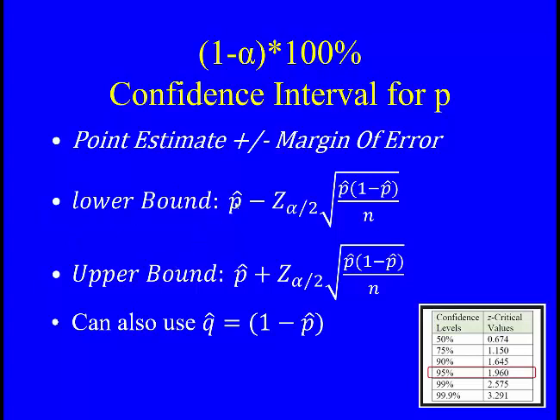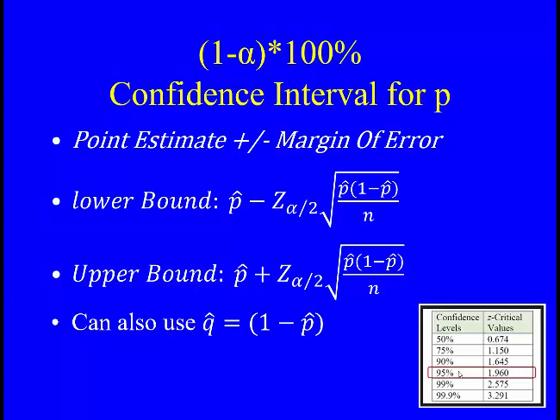For the lower bound, you take the point estimate p hat and subtract something. For the upper bound, you take p hat and add something. What it really is, is the critical value times the standard error. The critical value is z subscript alpha divided by 2, and the best way to find it is to use the chart I have over here. We've done this a ton in class.